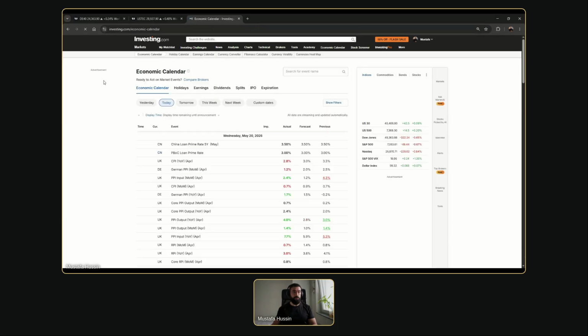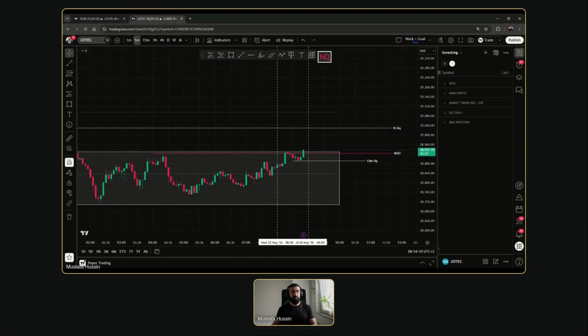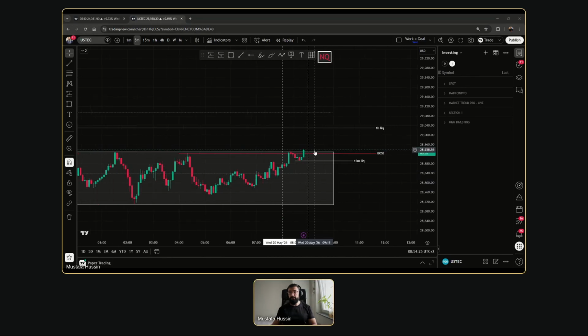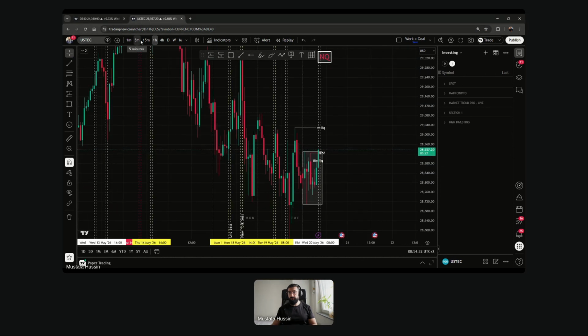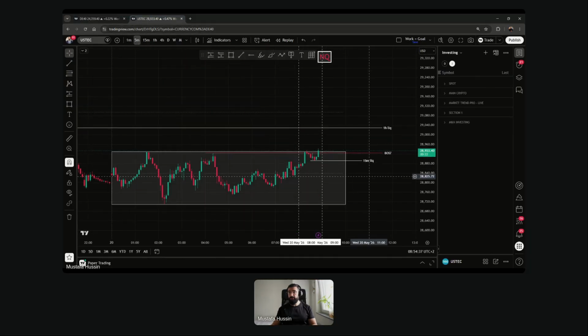We have no news today. No news. Tomorrow is the French PMI. I'm tempted to take a trade right here before market open on this candle close, because it looks like it's going to give us a move to the upside.